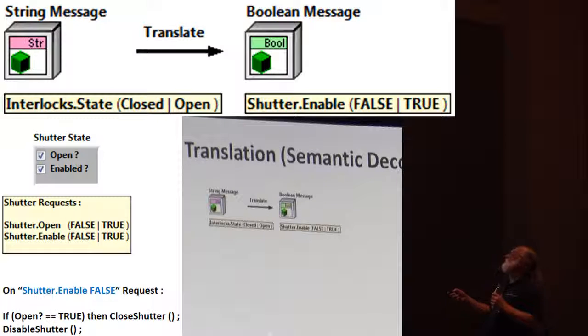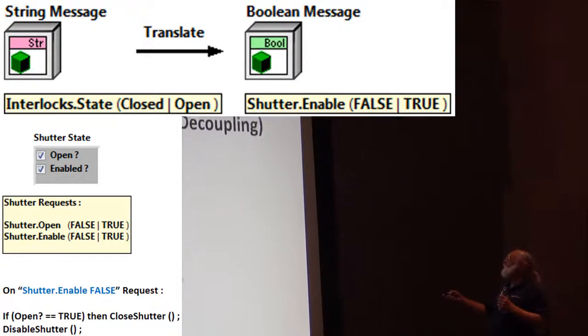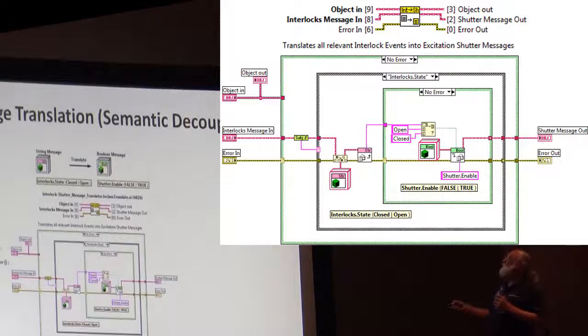Then there is an issue that the messages might be incompatible. Interlocks may publish strings that designate the state, and the shutter may take just a Boolean message. And there is a simple way to convert one message to another. You get the message from the interlocks, check whether the interlocks are open or closed, translate the message, create a new Boolean message, shutter false, and you got the proper message.